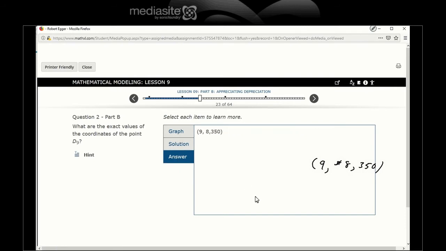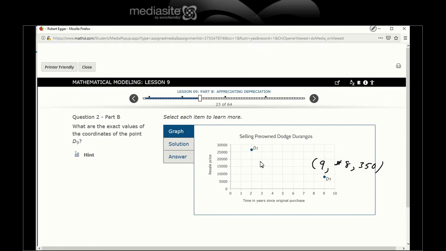Again, there's my x, which is time. This is y, which is p. It's always going to be x, y in order of an ordered pair, and with the nomenclature we're using, that would be time and price.